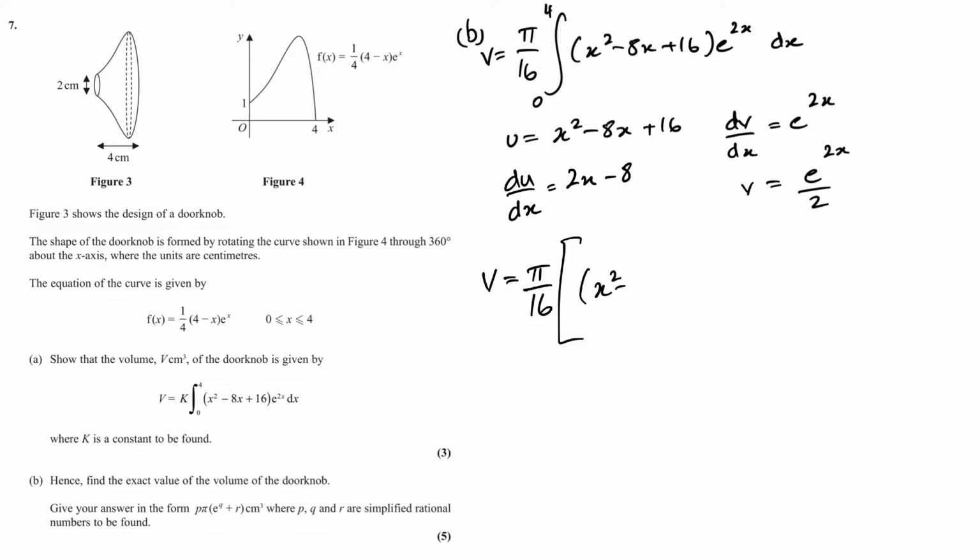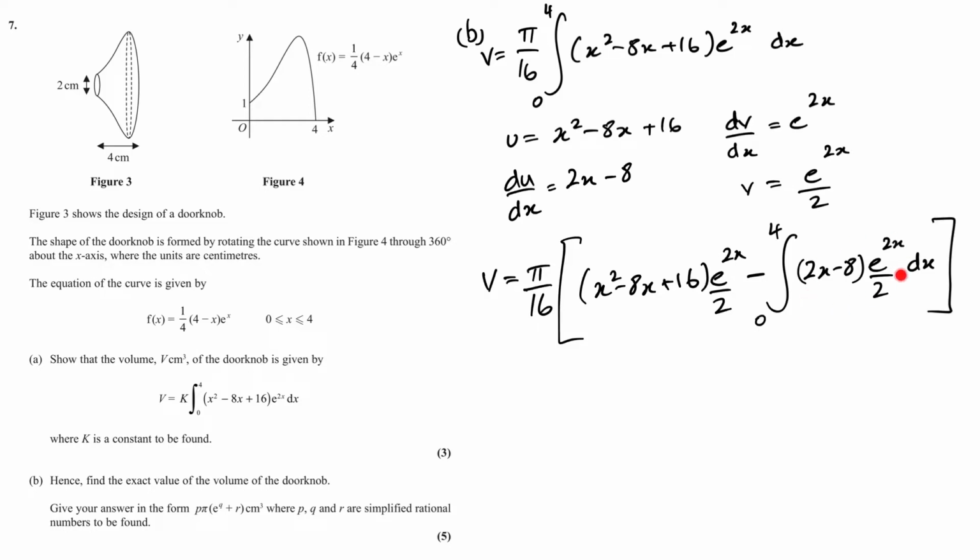So (x squared minus 8x plus 16) times e to the 2x over 2 minus. And then we need to integrate v du by dx. So that is integrating (2x minus 8) times e to the 2x all over 2.